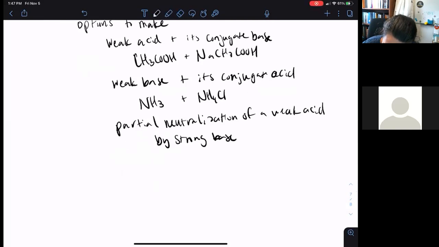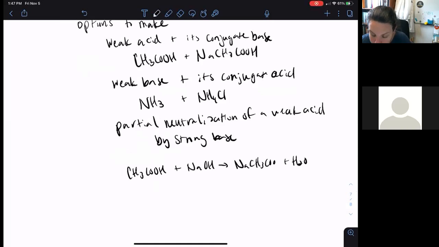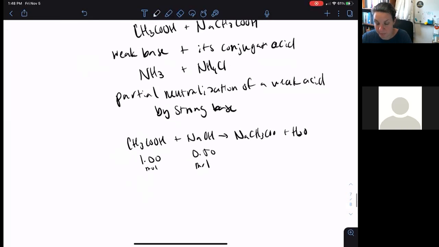So we could take acetic acid plus sodium hydroxide. We would produce sodium acetate and water. And what we want is something like 1.00 moles here and 0.50 moles here. So we want our strong substance to be limiting.